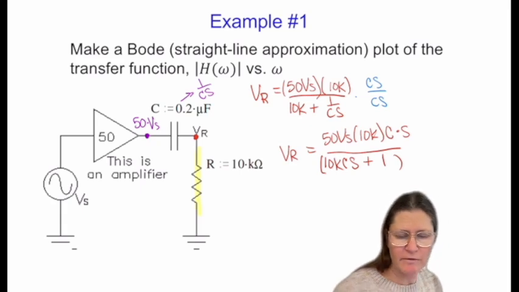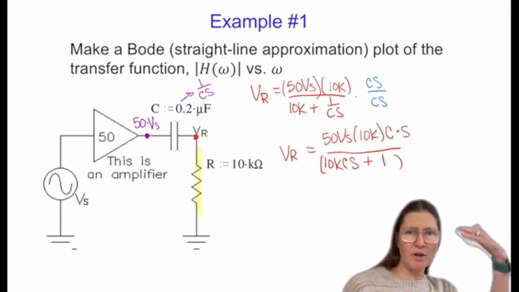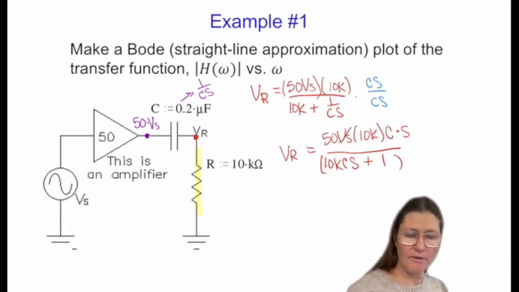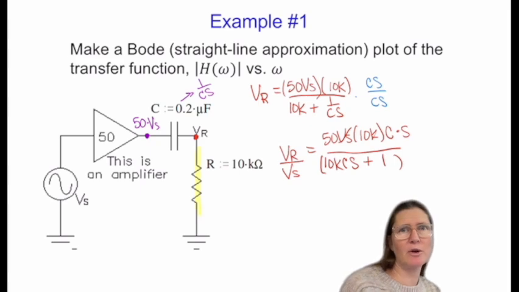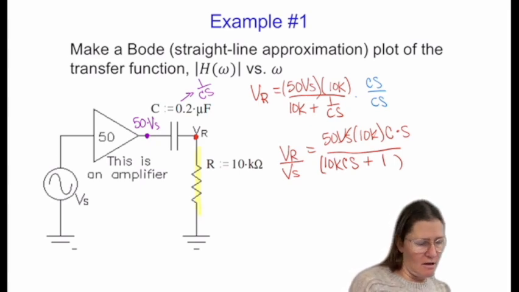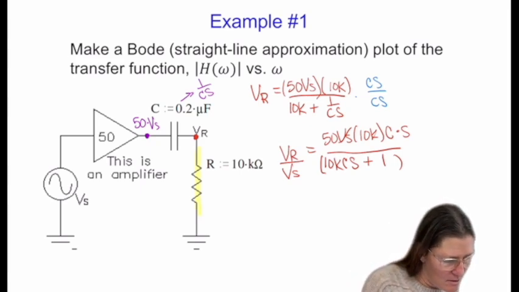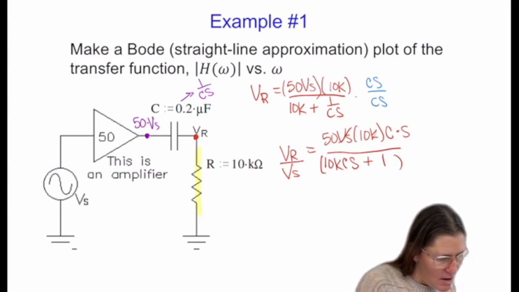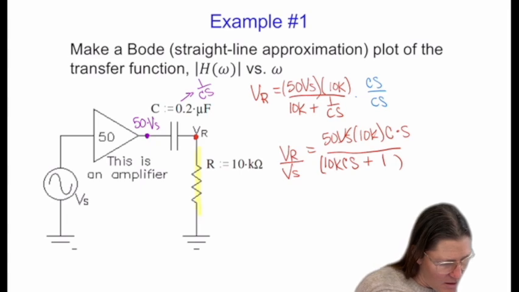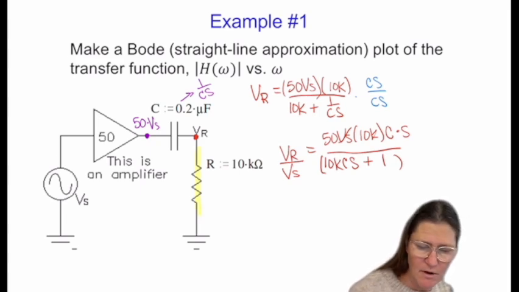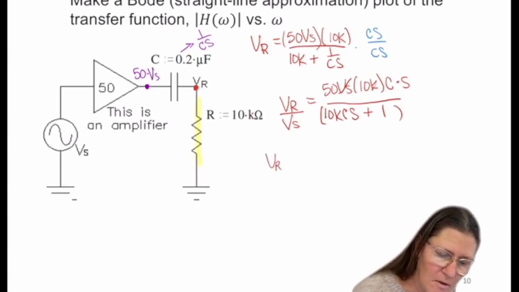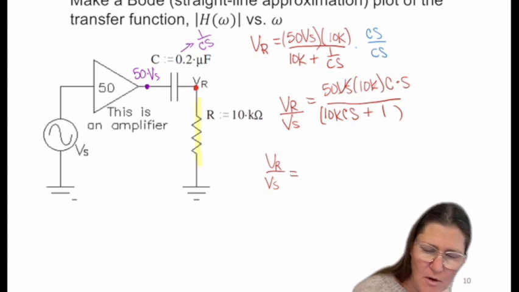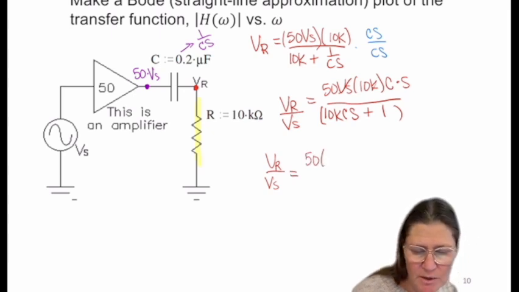Now I have the term on the top, except I need to divide by Vs. So divide that by Vs, and now I have my equation. So 50 times 10K times 0.2 micro.